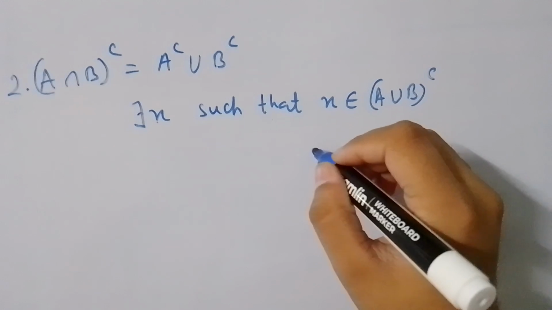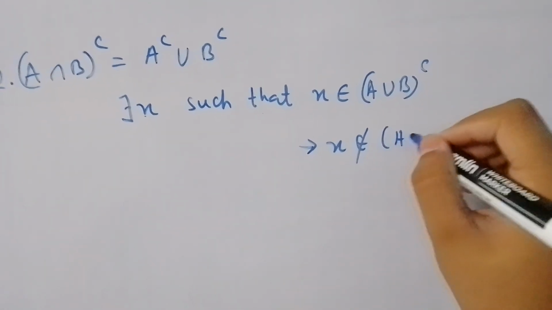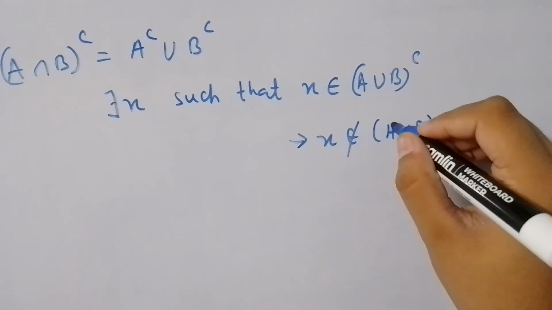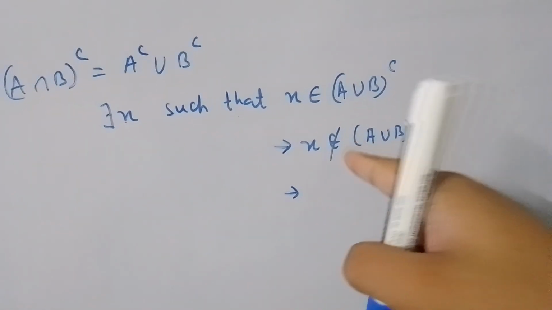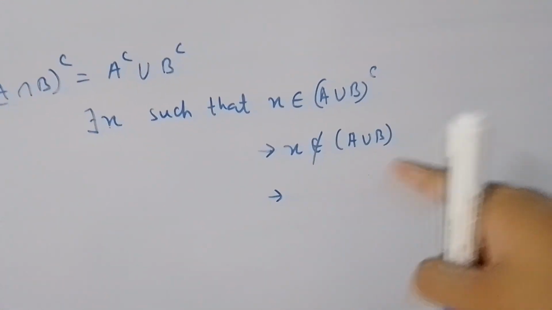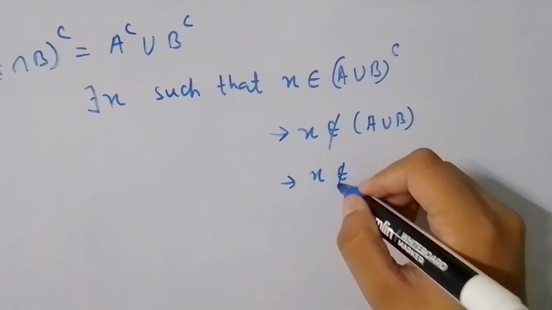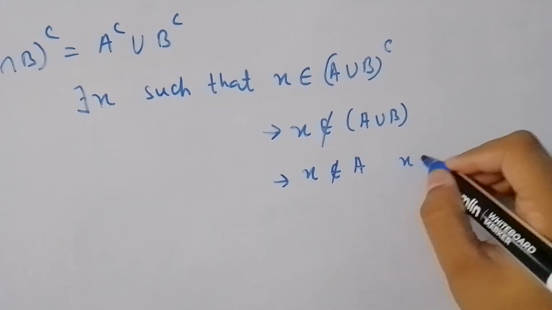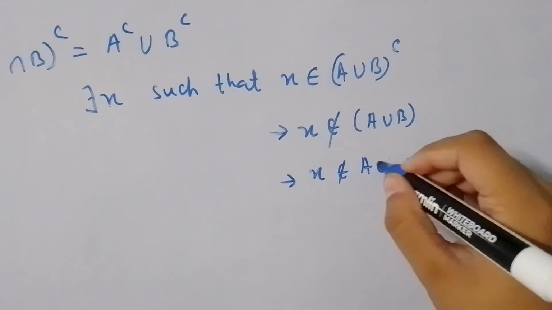So by this statement we can say that X does not belong to A union B. Okay, so if X doesn't belong to A union B, it says that X does not belong to A, X does not belong to B, and what will be the connective? It will be the OR.